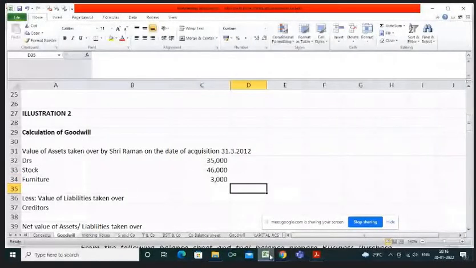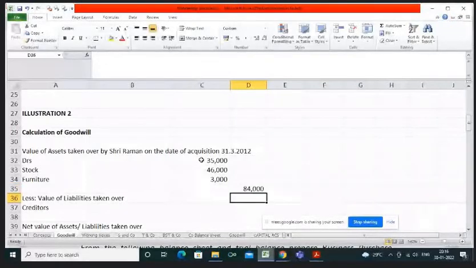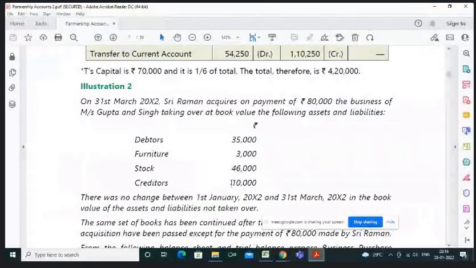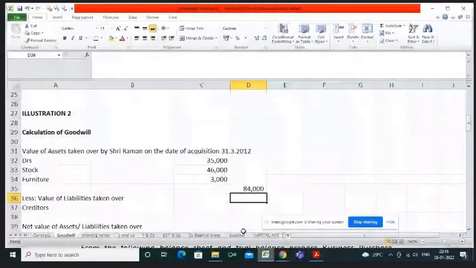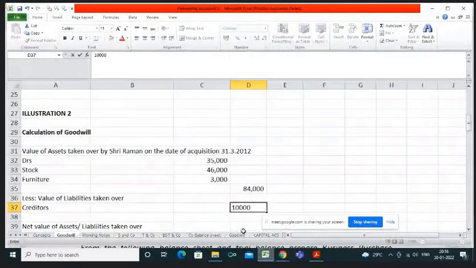So 3 assets taken over. What is the total of 3 assets? The total of 35, 46 and 3 is 84,000. From that we have to deduct the value of liabilities taken over. How much is the value of liabilities taken over? 10,000. So we have to deduct the value of liabilities, 10,000.